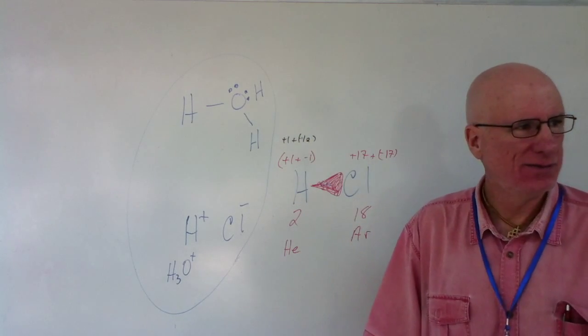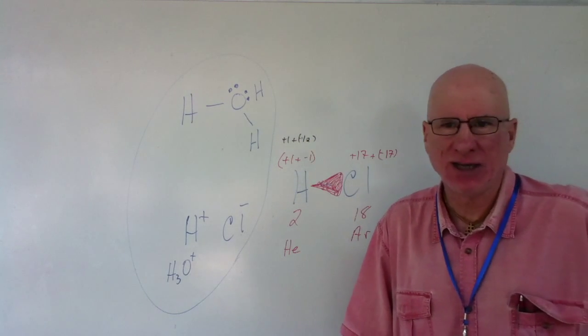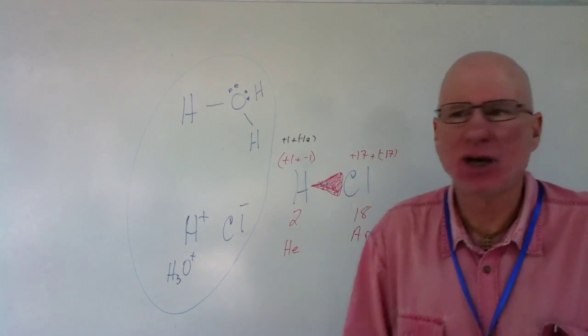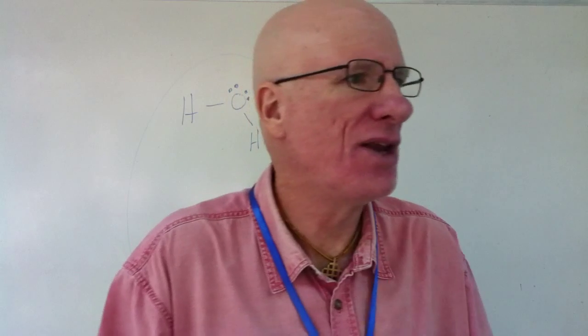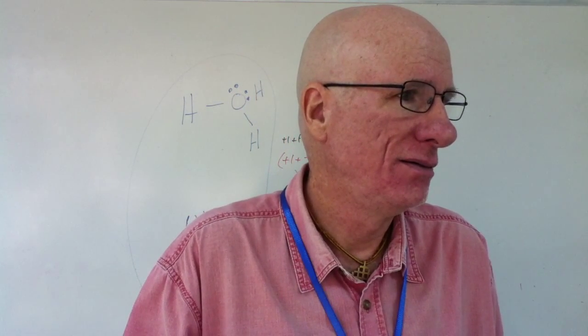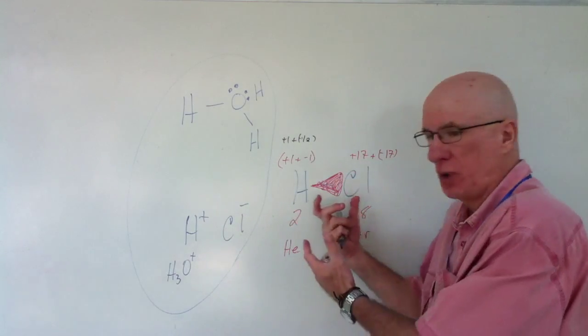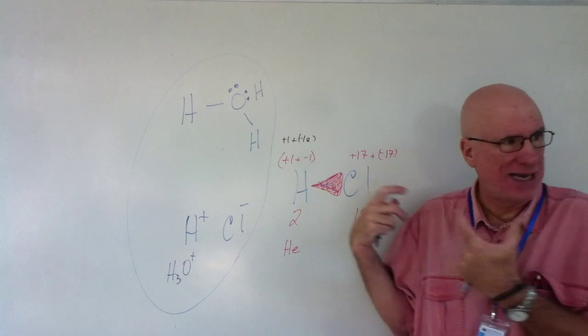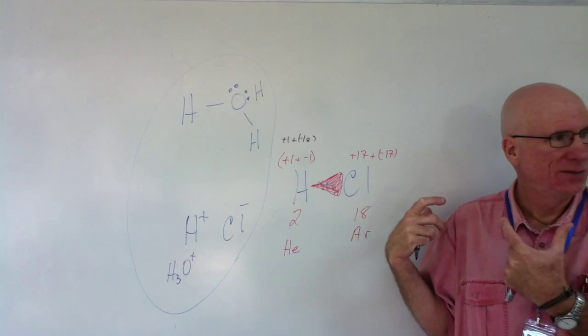If you're talking about accounting and talking about actual charge, is that a reasonable model? It may be a quarter, it may be 3/4, but it's less than a -1. Do you agree, Ling Ling? I mean, the chlorine is pulling that bond. It's pulling it over there. So it's going to be a little bit less than 1 electron, isn't it? We'll say it's half.